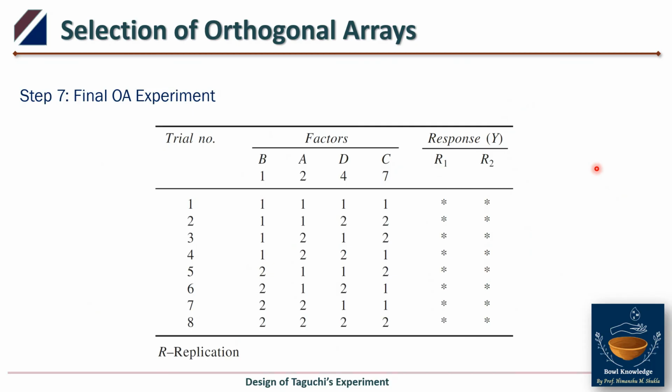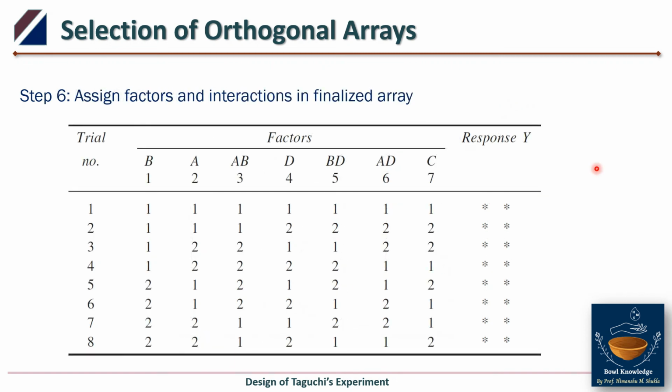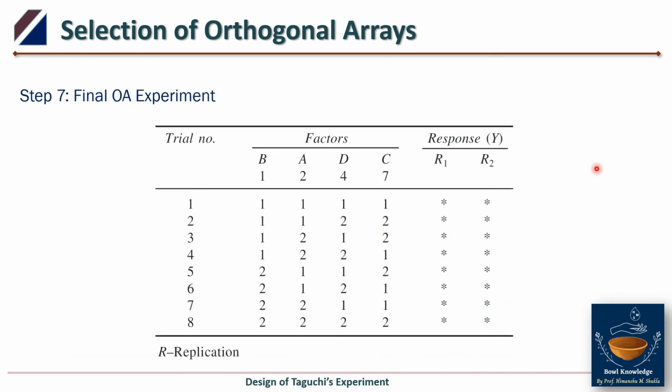And step number 7. The structure of the OA experiment does not involve the interactions. So from this array, we deleted the columns of interaction, that is column numbers 3, 5 and 6. So it becomes our standard experiment. This is not the standard orthogonal array, but it is the standard orthogonal array experiment.